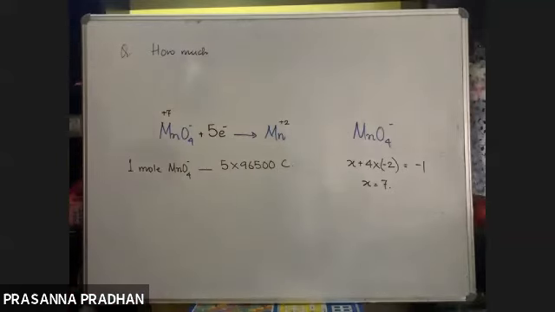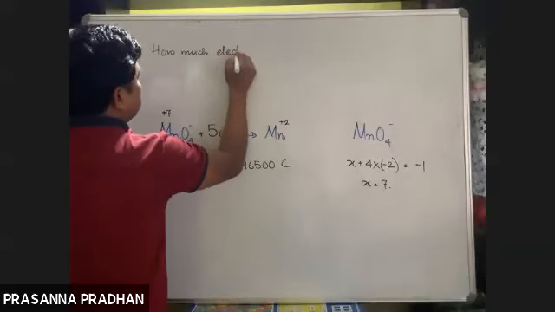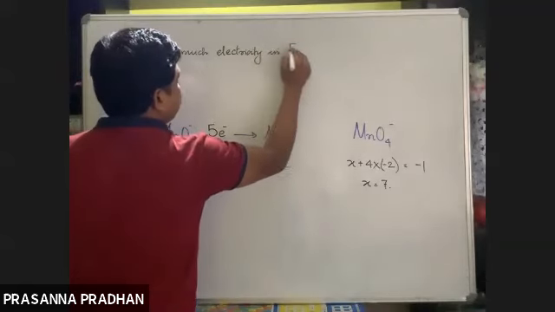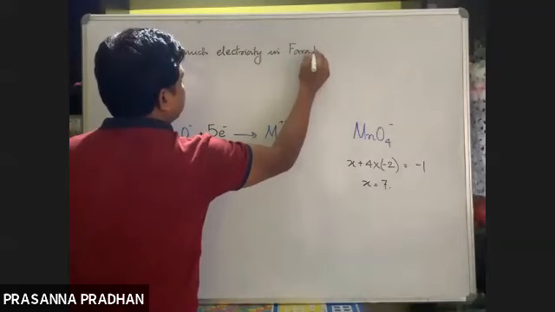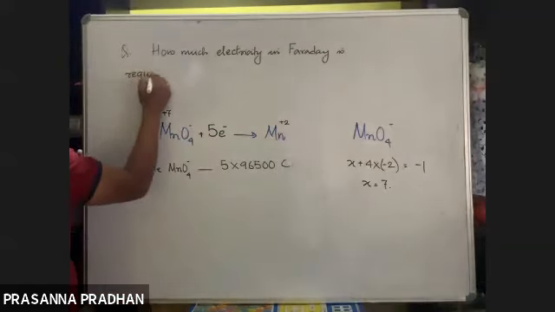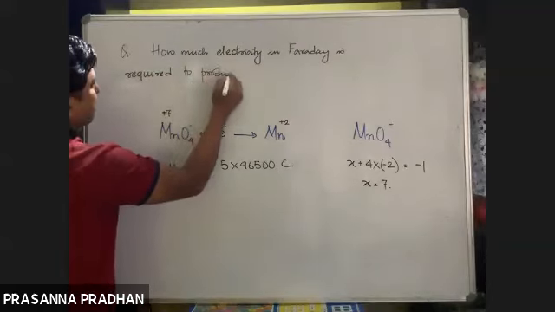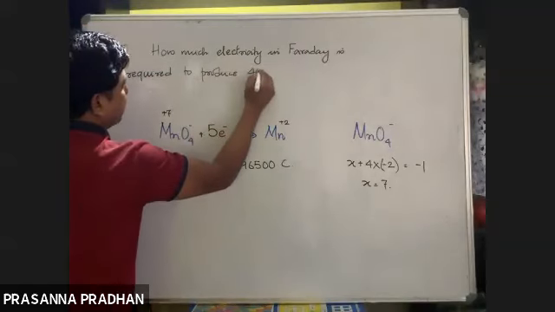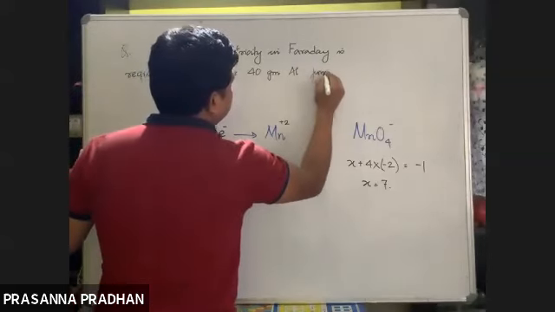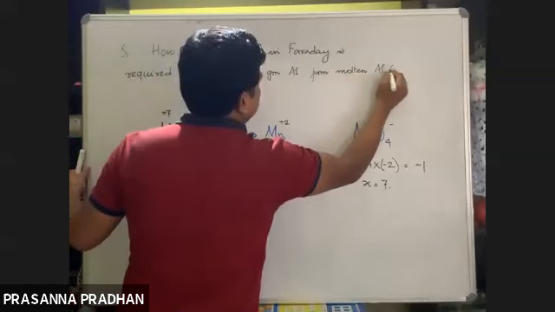How much electricity in Faraday is required to produce 40 grams of aluminium from molten Al2O3?